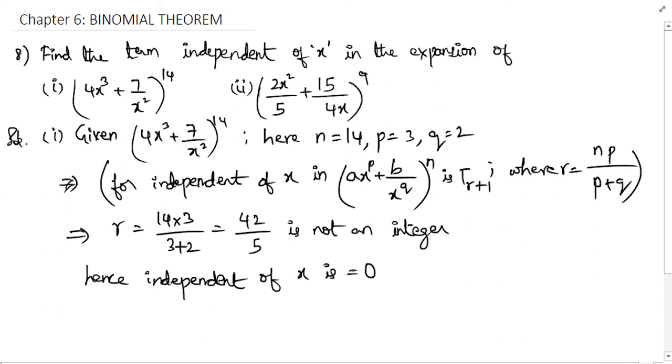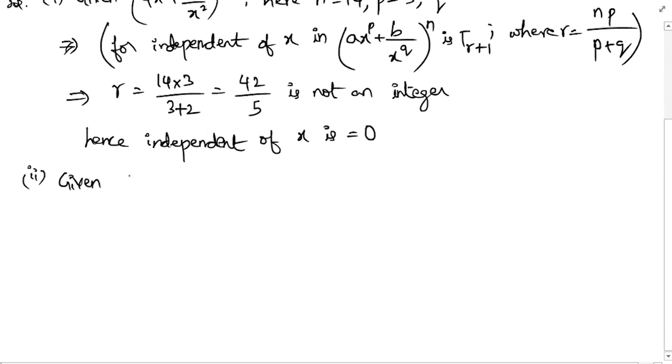So the second bit, it's given that (2x^2/5 + 15/4x) whole power 9.